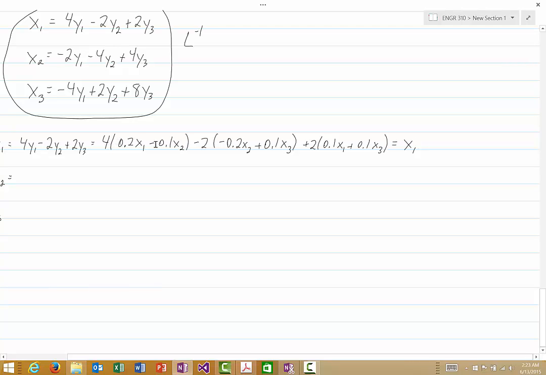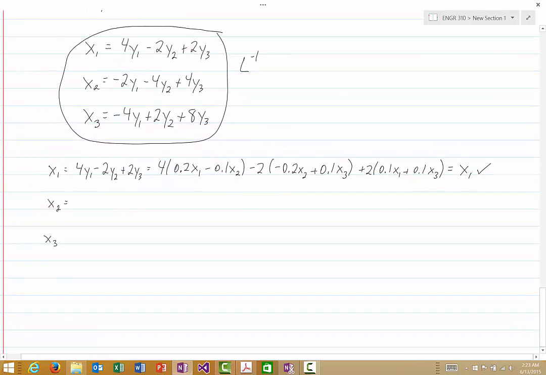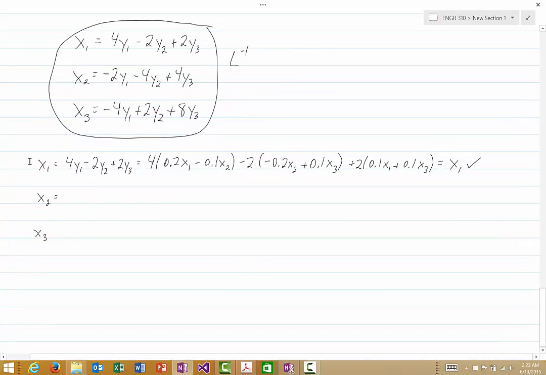Well, here we have a minus 0.4x2, and here we get a plus 0.4x2, so that will cancel out, and there's no x2 term here, so we don't get any x2 term. And what about x3? Well, here we'll get a minus 0.2x3, and here a plus 0.2x3, so we don't get any x3 term either. So all we get on the right-hand side is x1, and of course that checks with what is on the left-hand side, x1.